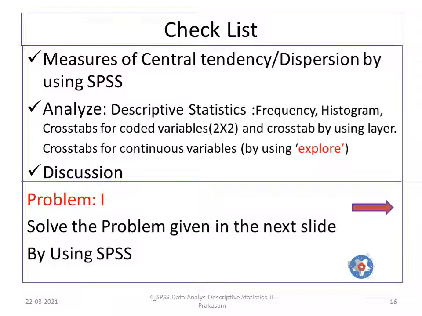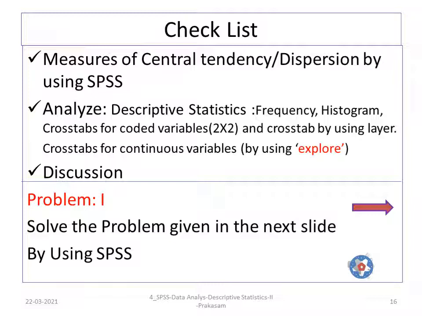From this presentation we got some idea how to calculate mean, mode, median, skewness and kurtosis and other measures of central tendency and dispersion by using SPSS for my survey data. Also, by using Analyze, other descriptive statistics such as the frequency, histogram, and crosstabs for coded variables, that is 2 by 2 or 2 by 3, and crosstab by using a layer.